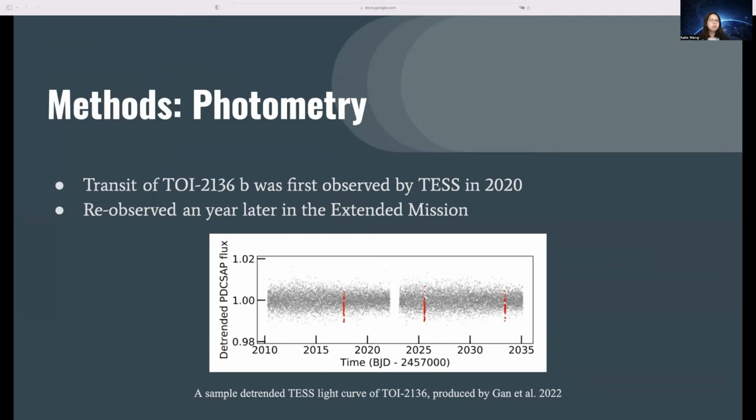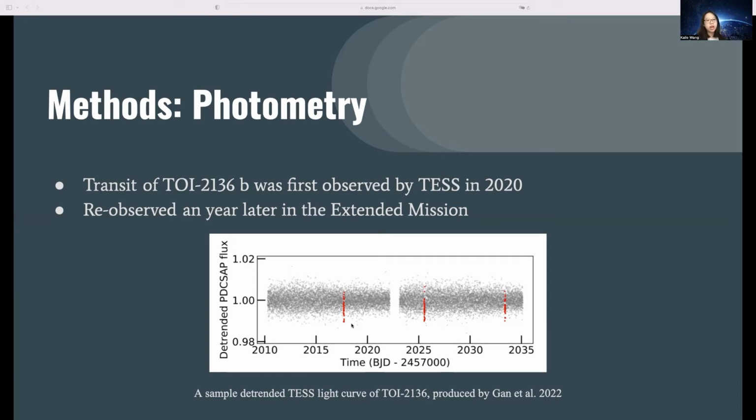For the photometry part, the transit of TOI-2136b, the planet, was first observed by TESS in 2020, and it was reobserved a year later in the extended mission, also by TESS. And here is a sample detrended TESS light curve of the whole star, and each transit of the planet is highlighted with the red dots.